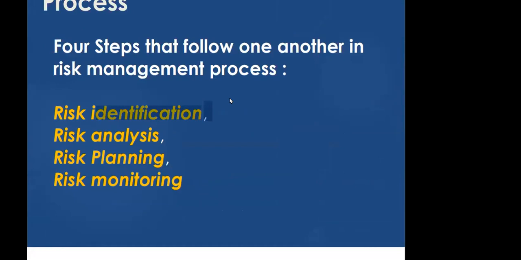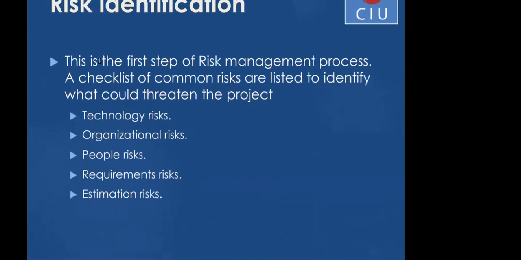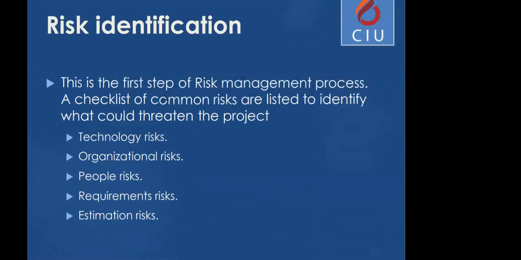Is it affecting the people, organization, resources, and so forth? This task, the first step of risk management, is called risk identification. It is kind of like a checklist where you check which risk can affect which category. Let's say, is it the product only, the project, or the business?